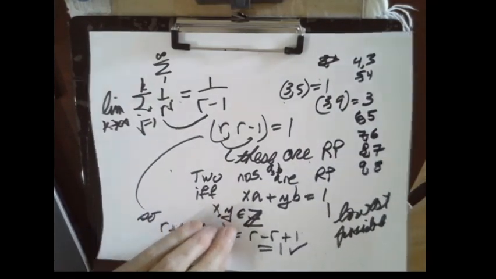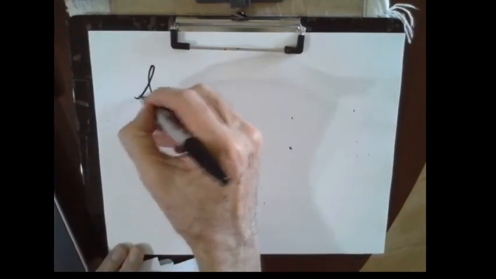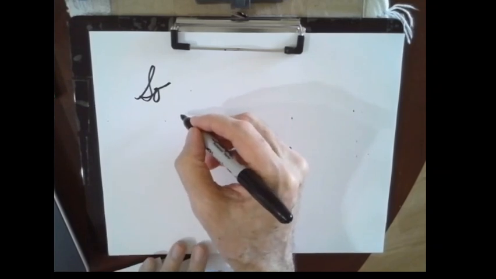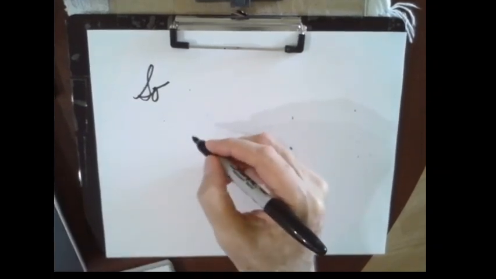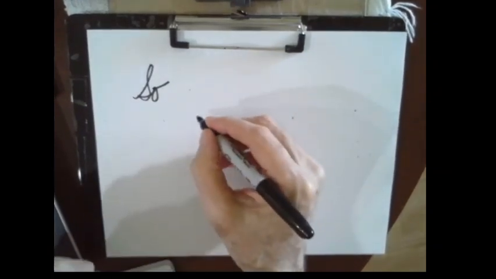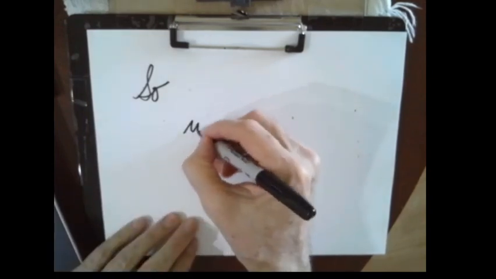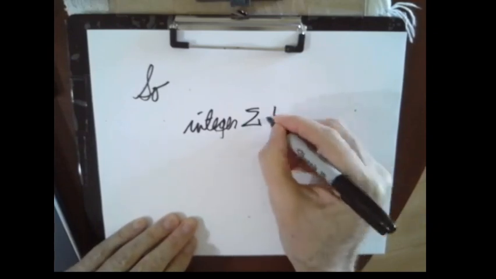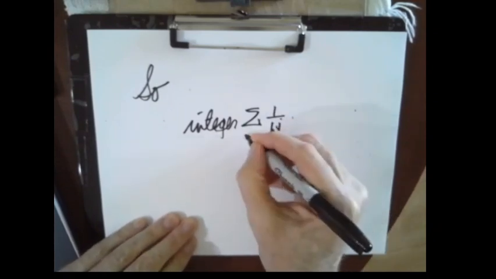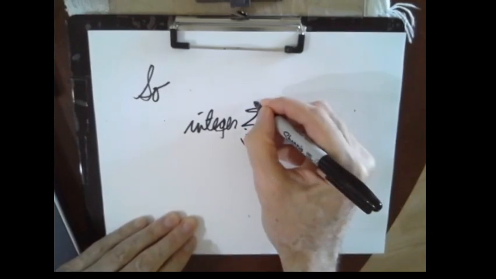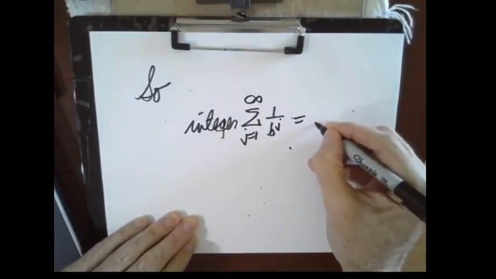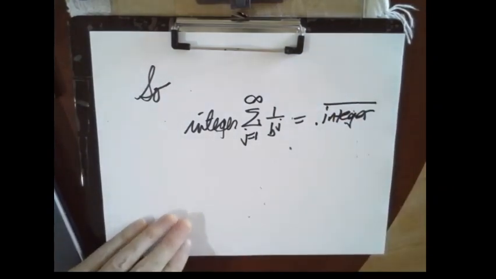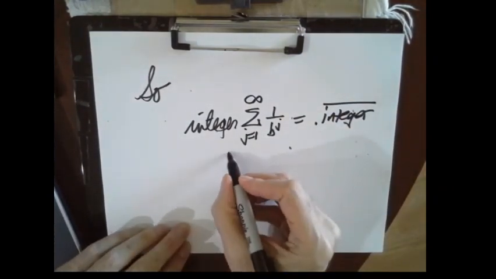Now, why this is of interest is the pattern of an integer times 1 over b to the j, say, j equals 1 to infinity, equals a repeating integer kind of follows.